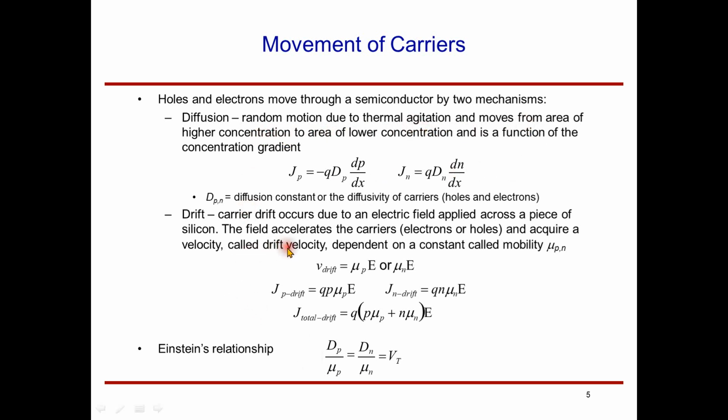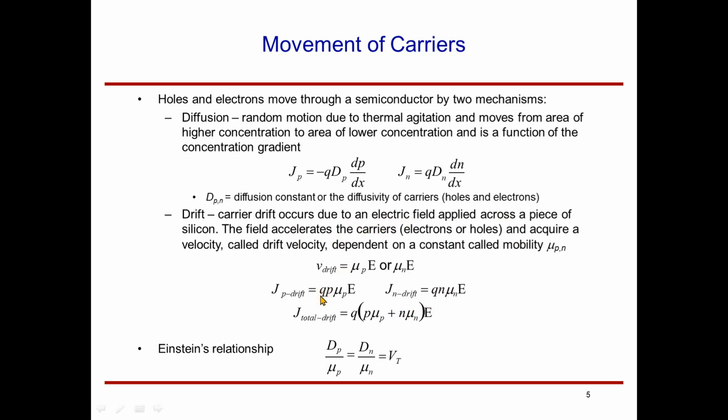And drift is the process of acceleration of the holes and electrons, the carriers acquiring the drift velocity. Because of that, the current will be due to the drift velocity, that is the current density.